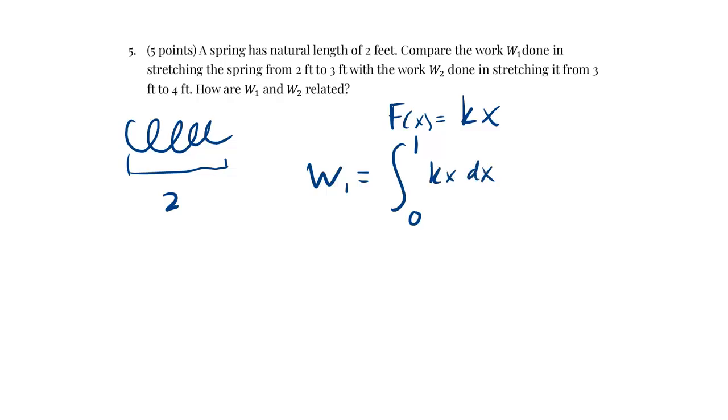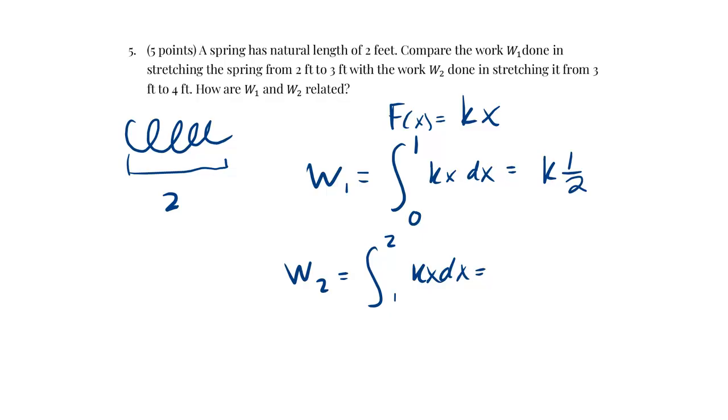Kx dx, so there's a value there. I don't know what k is, so we'll just leave it in there as a constant. So when I integrate that, I get x squared over 2, plug in 1, so k times a half. Work 2 is similar. I'm going 1 to 2, 1 foot of extension to 2 feet of extension, kx dx.